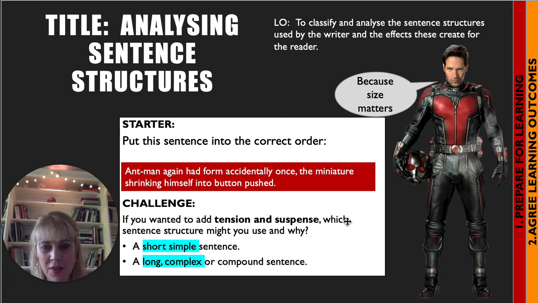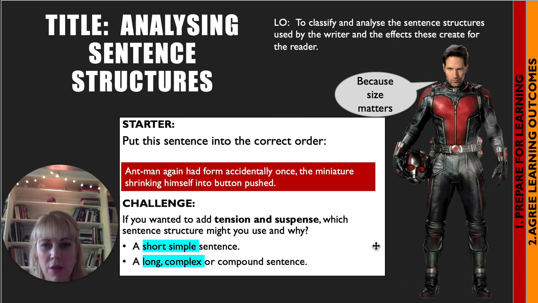Right, for those of you that have done your starter, your challenge. If you wanted to add tension and suspense to a piece of writing, what kind of sentence structures would you be using and why? Do you think that a short, simple sentence would be better at building tension and suspense? Or a long and complex compound sentences?